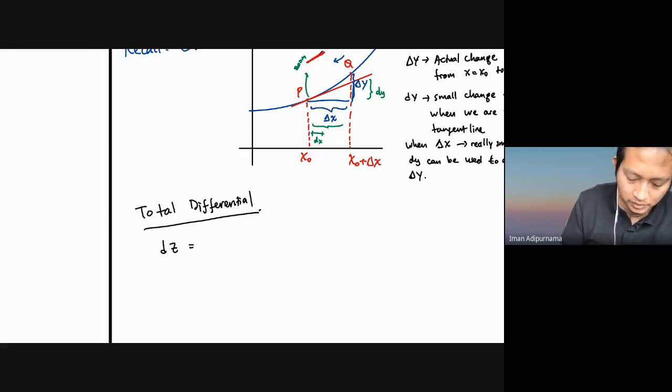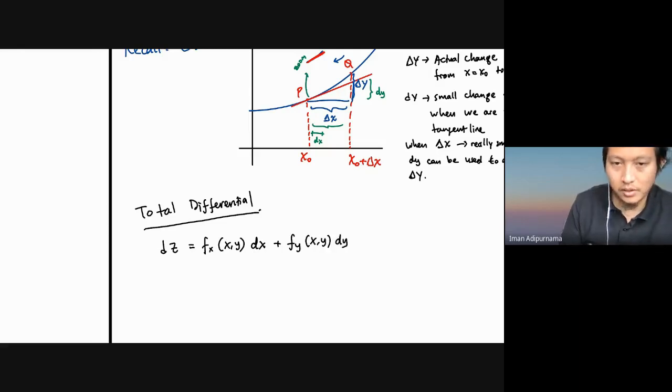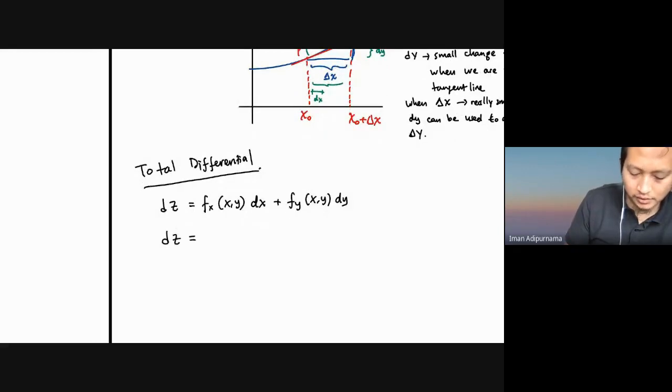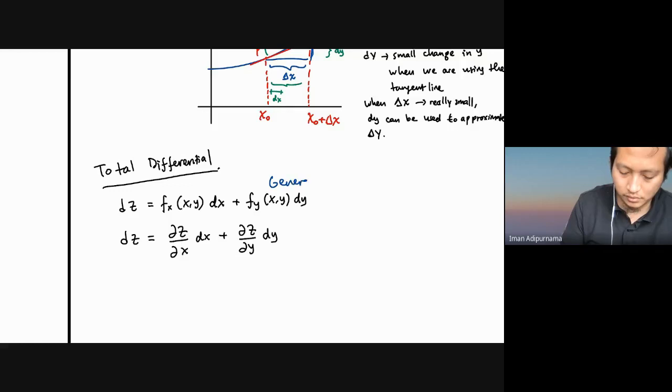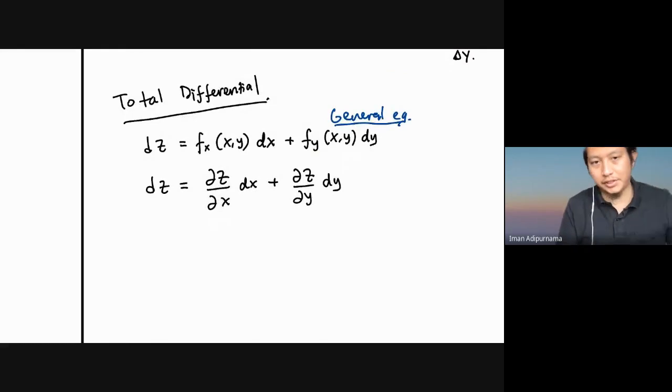So we have dz, but all the deltas we change to dx or dy. And then we can also write it in terms of the Leibniz notation. So this is the general equation. This is what we call the differentials.